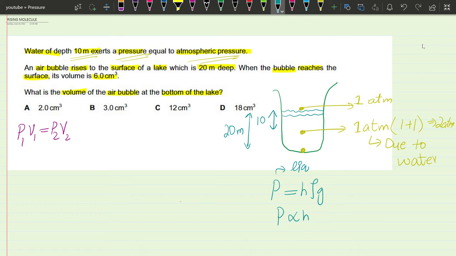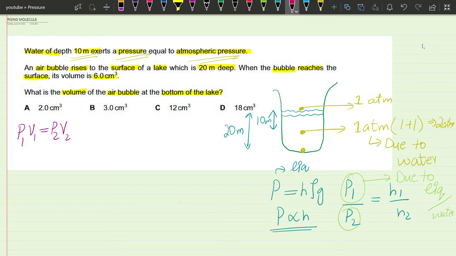If the height doubles, the pressure exerted by the liquid also doubles. We can solve it through the ratio. If two quantities are directly proportional, we can say P1 upon P2 is equal to H1 upon H2, and the pressure taken here is due to the liquid, or water.